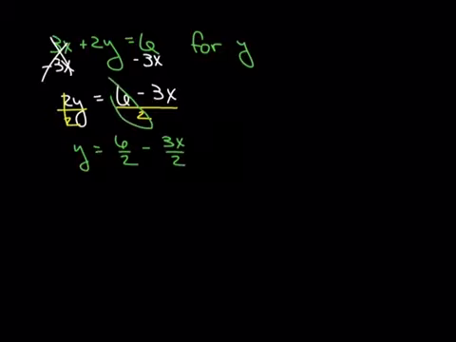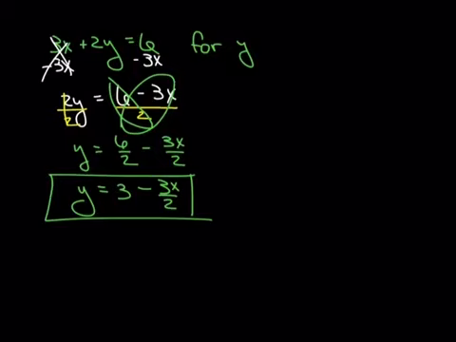Notice how I split them up, put that over 2 and that over 2. And what that does is it makes it simpler because 6 over 2 is 3. So what does that say? It says y equals 3 minus 3x over 2. And that is what I had up there, right?